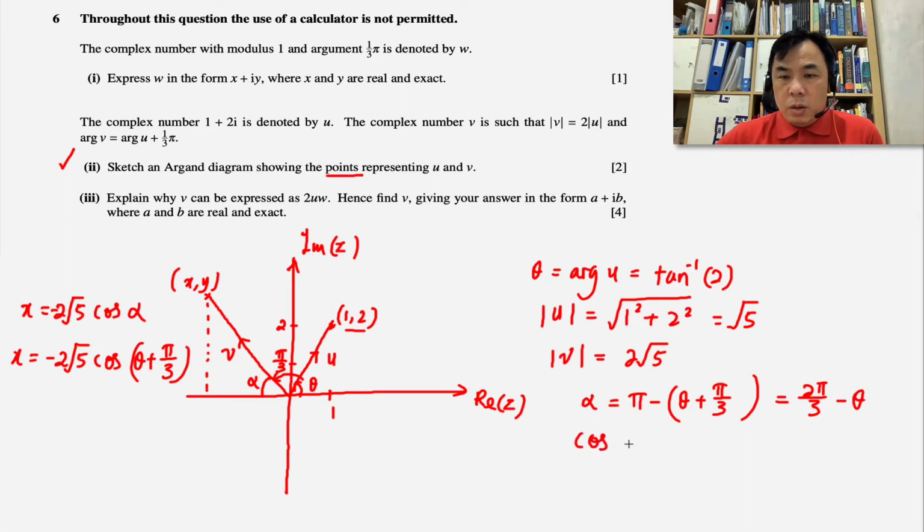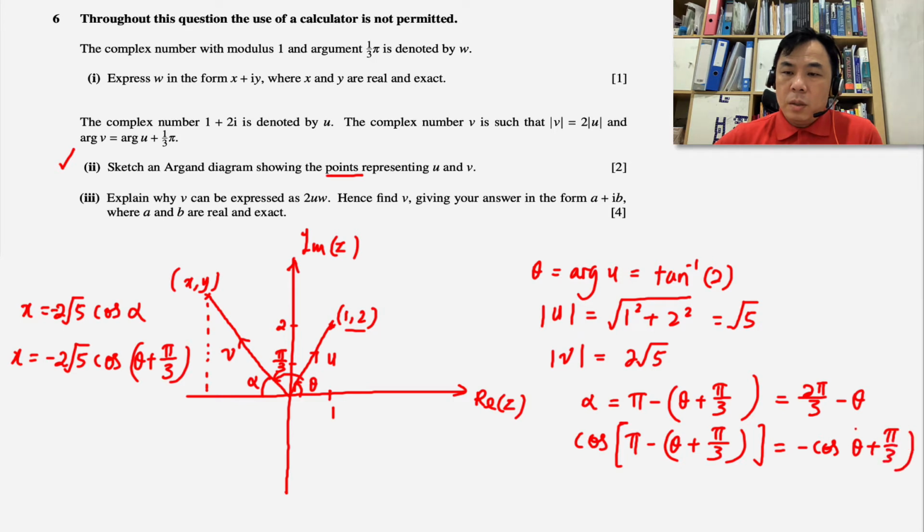We know that cos of pi minus (theta plus pi over 3) is actually equal to negative cos of theta plus pi over 3. Right, now that's how it would actually look like. Since I already have my negative, I don't really need to write down cos of pi minus here. I can straight away write this one down here.